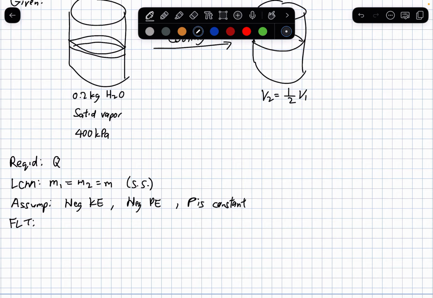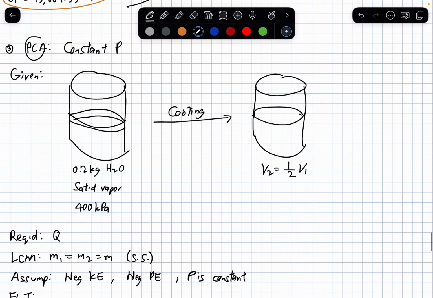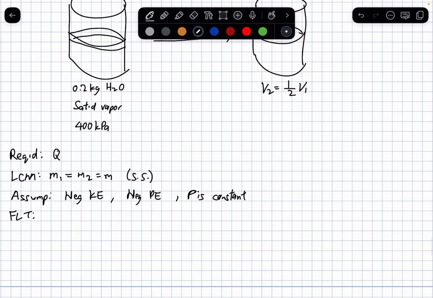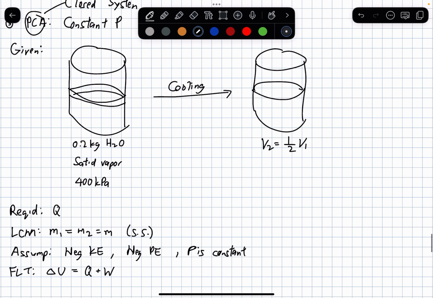In the FLT, this is piston cylinder assembly, so closed system. Therefore, in our energy balance, this is still delta U. Delta U equals Q plus W. Is boundary work involved?